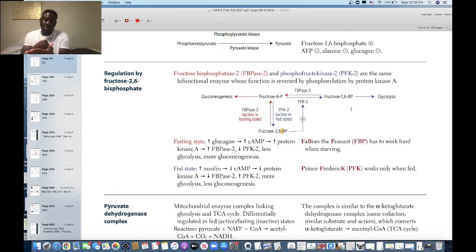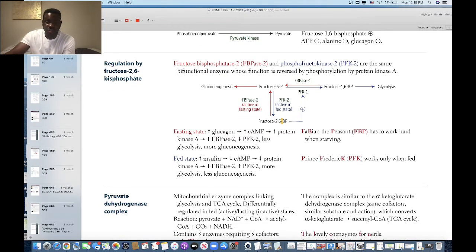We don't want to break down too much glucose. Otherwise, we'll go hypoglycemic. We don't want to do that. So in the fasting state, we are making a lot of this one here that they've mentioned, fructose bisphosphatase. The fructose bisphosphatase is going to inhibit this whole thing, so that we don't break down a lot of glucose. Yeah.